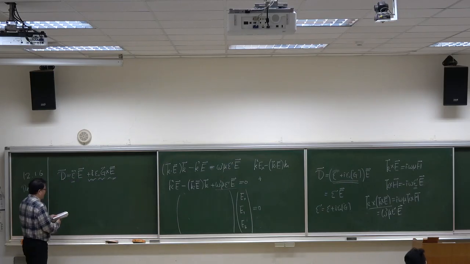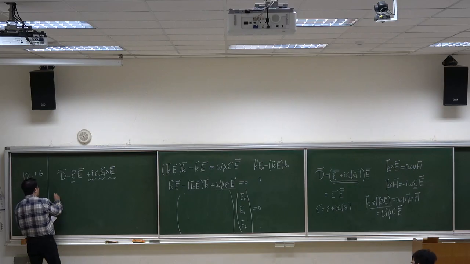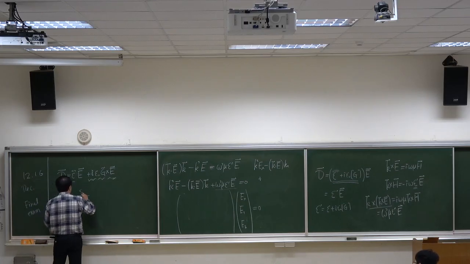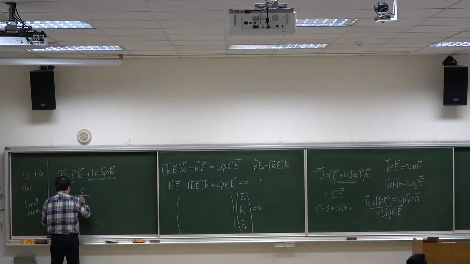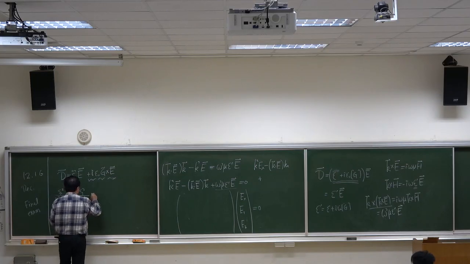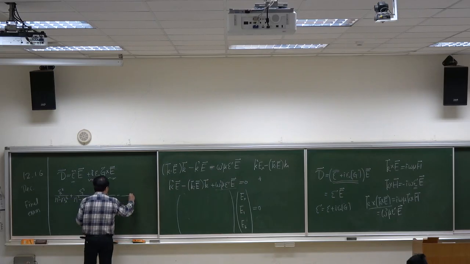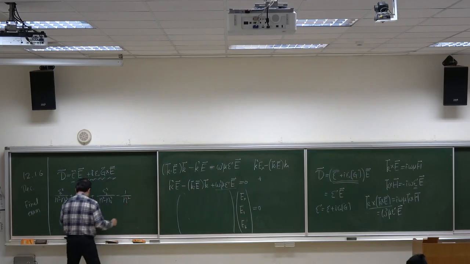Okay, and the final result is this: sx squared over n squared minus nx squared, plus sy squared over n squared minus ny squared, plus sz squared over n squared minus nz squared, minus 1 over n squared.